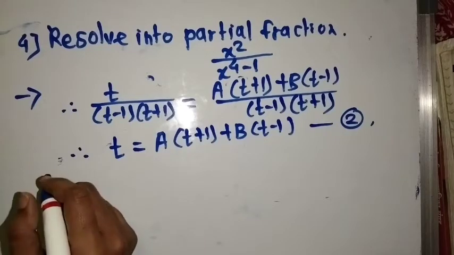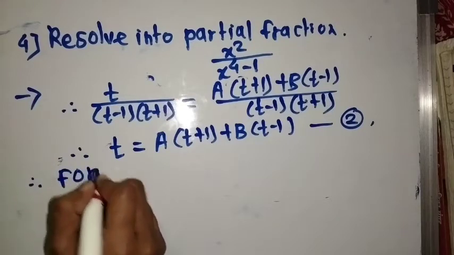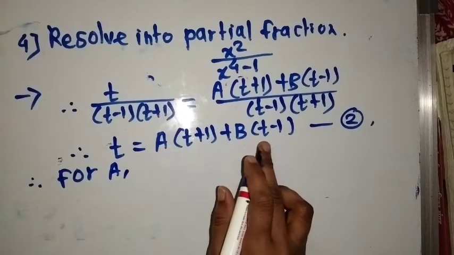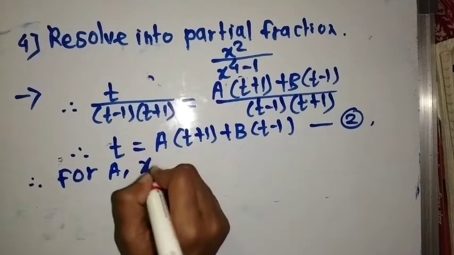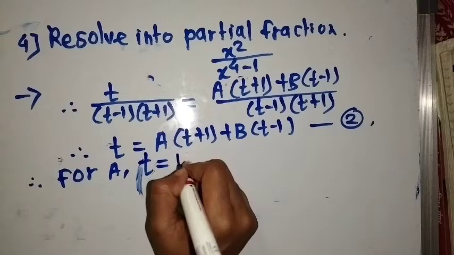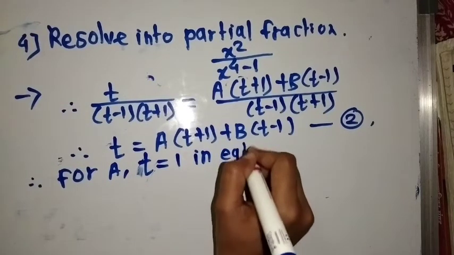And then we find out a. For a, हा 0 यायला पाहिजे. सो put t is equal to 1 in equation 2.